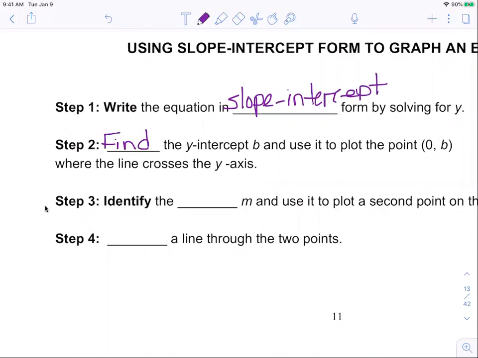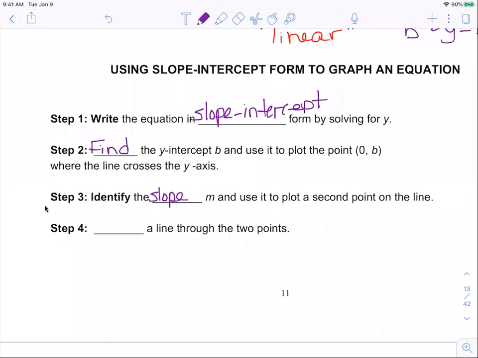We're going to identify the slope, which is m, and use it to plot a second point, or a third point, or a fourth point on the line. And then finally, we will create a line through those 2 points, or connect the line through those 2 points, whatever word you like to use there.